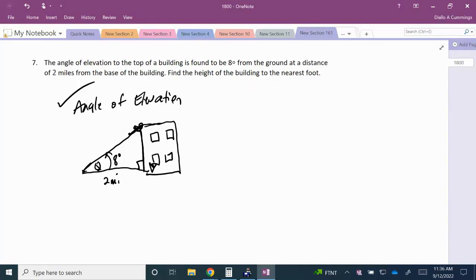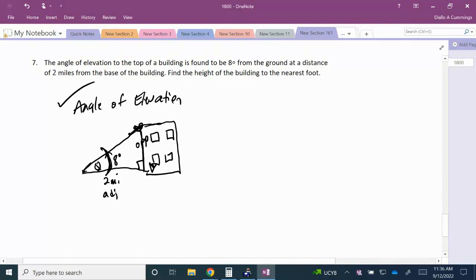So we're going to set up a trig function. The trig function that we're going to set up is a tangent function, because we have our reference angle here, which is given as 8 degrees. We're given the adjacent side, and we want to find the opposite.